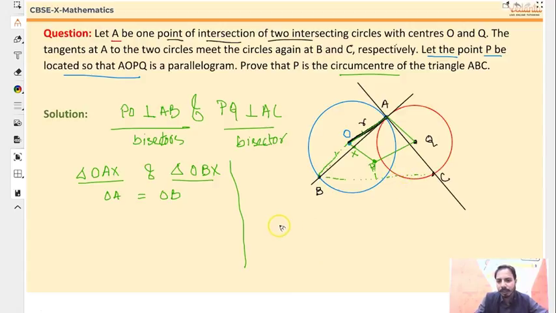So OA is perpendicular to AC. Yeah guys, so from there I can find out some relationship. In this way, I can solve this particular question.